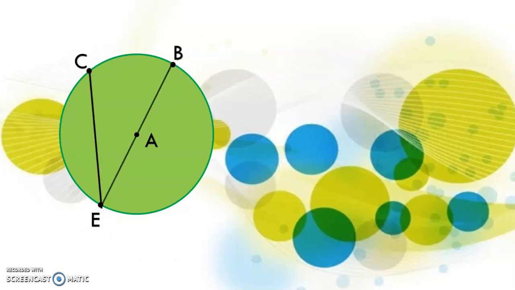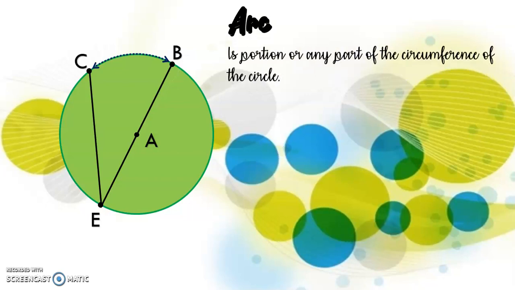Another part of the circle are known as arc. So arc is a portion or any part of the circumference of the circle. So to name this arc, we use the symbol arc, then take the two endpoints B and C. So that is arc BC.